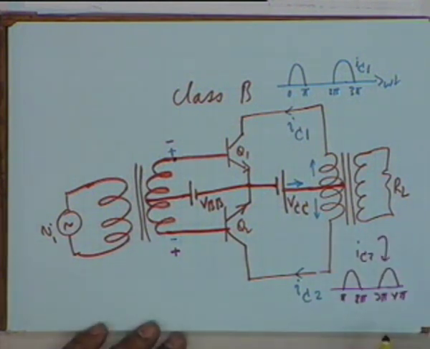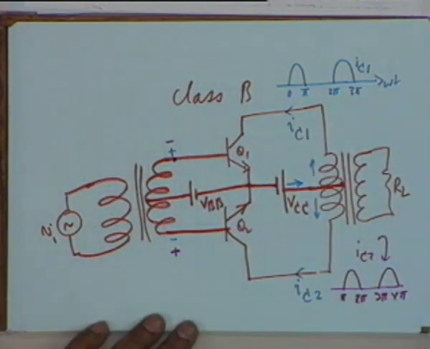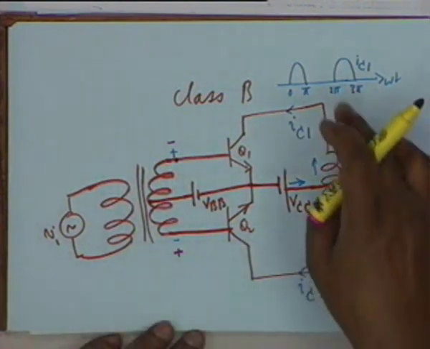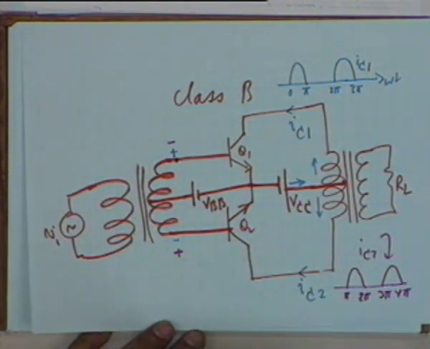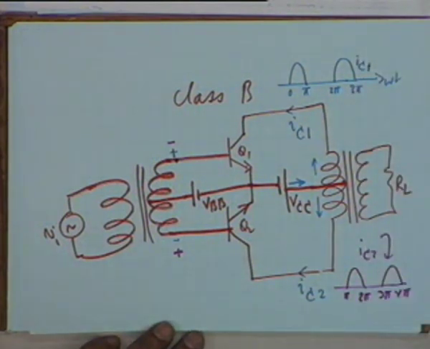Is this too small? Can you see this? Okay. And the current that flows in the transformer primary obviously is IC1 minus IC2, because they flow in opposite directions. Now, if you take IC1 minus IC2, what do you get?